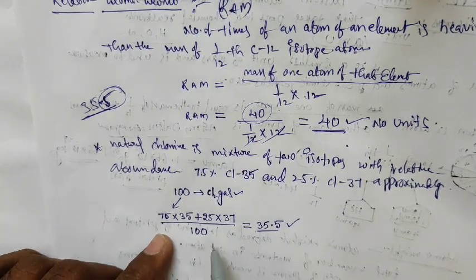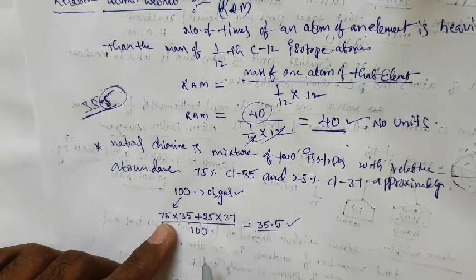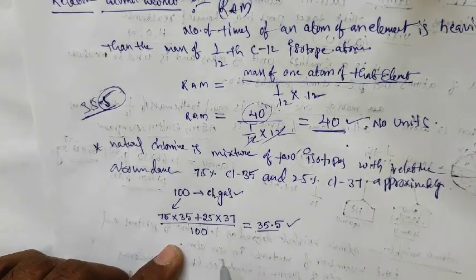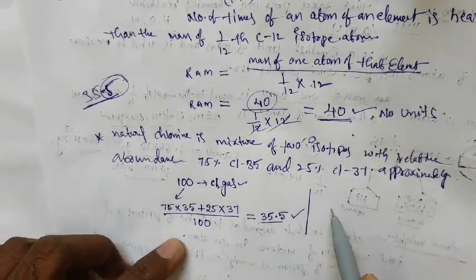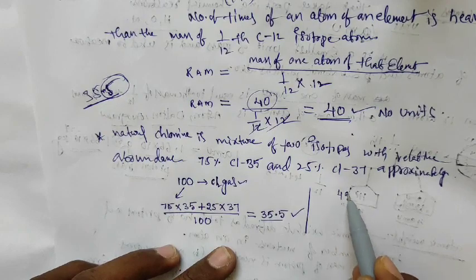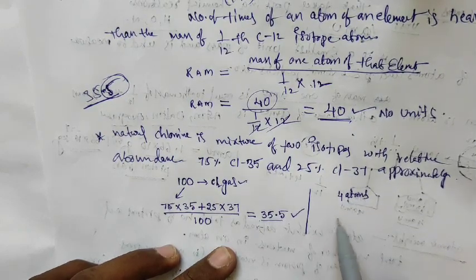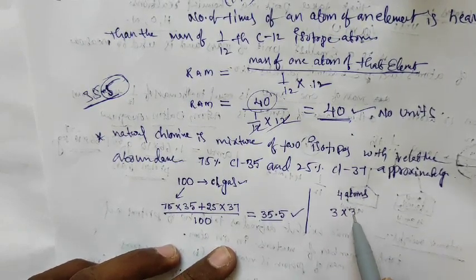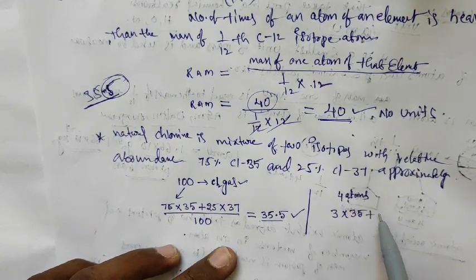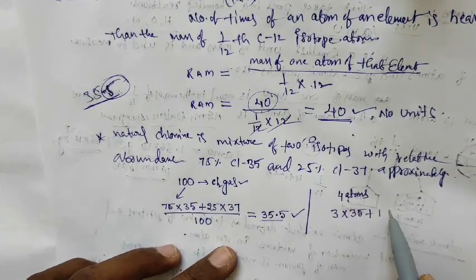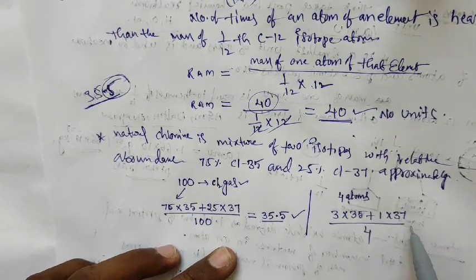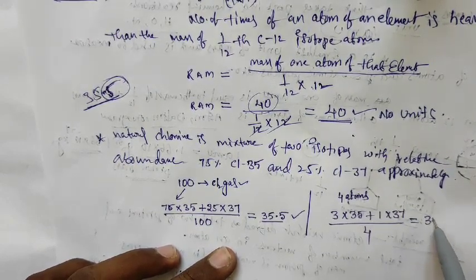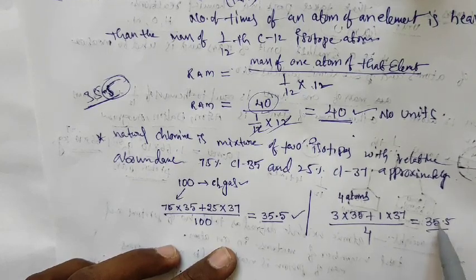Otherwise, simply, if I collect 4 atoms instead of 100, there is one more method: 3 atoms of mass 35 plus 1 atom of mass 37. If the total number of atoms is 4, then also we will get 35.5 mass.